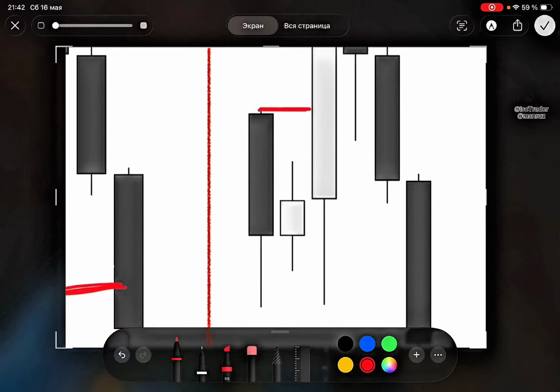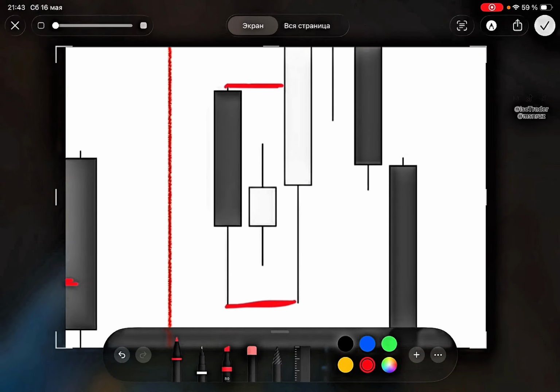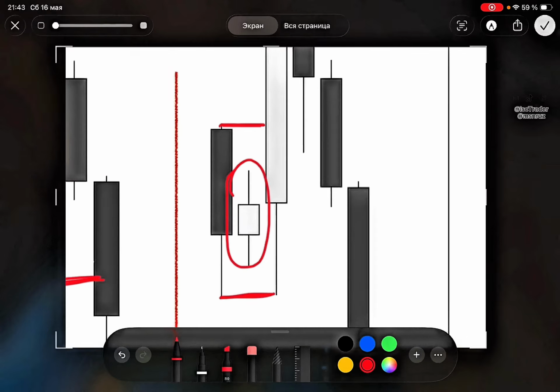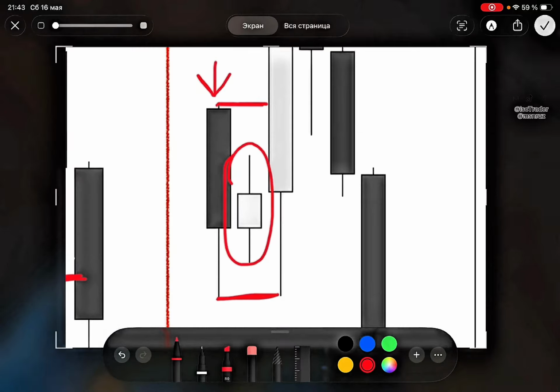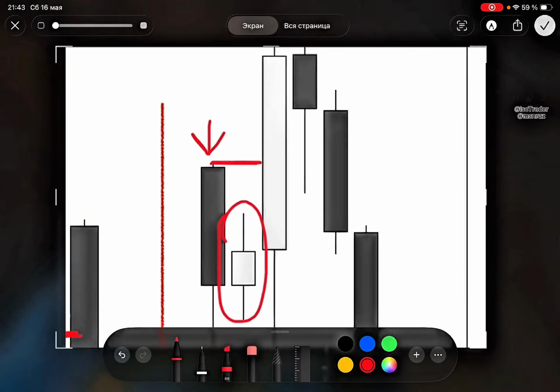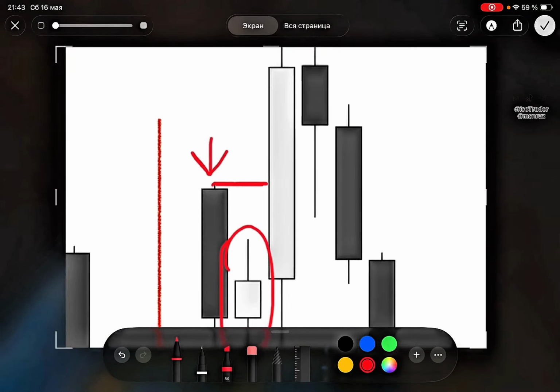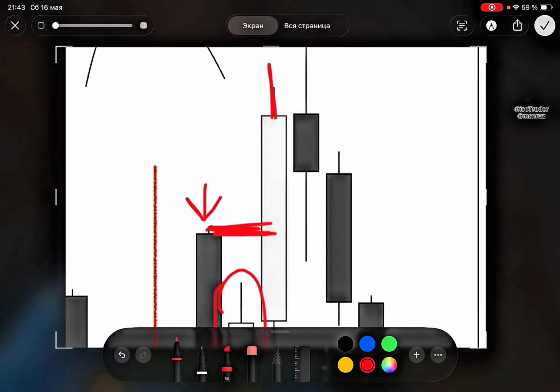One candle, the first candle, and the second candle, or the third, or it could be 4 candles. And the next candle should become a range and remain inside that first candle. And after it stays, whichever next candle breaks this first candle of ours, whether it breaks with its body or its wick, it doesn't matter.